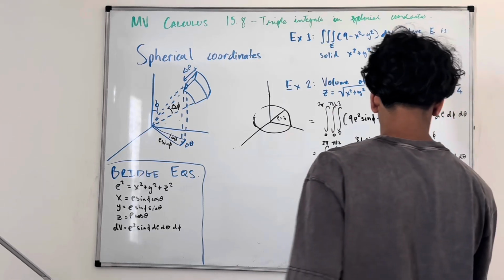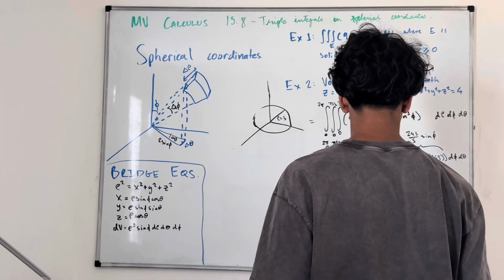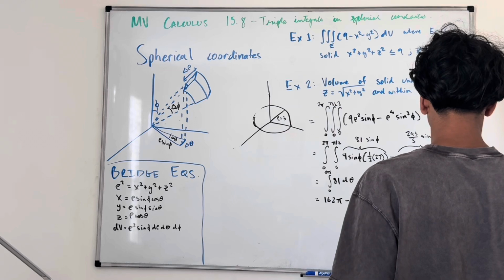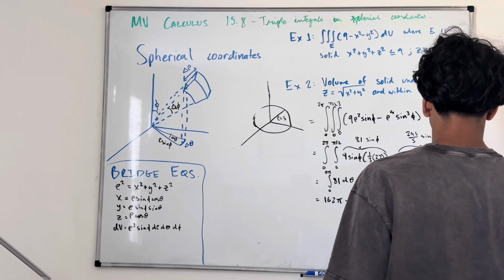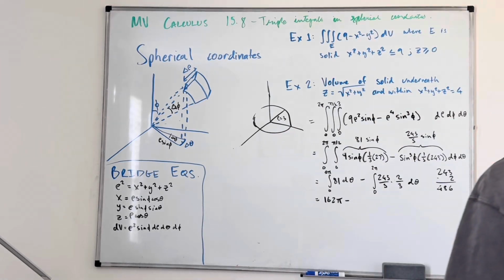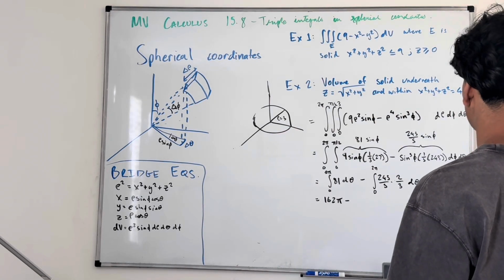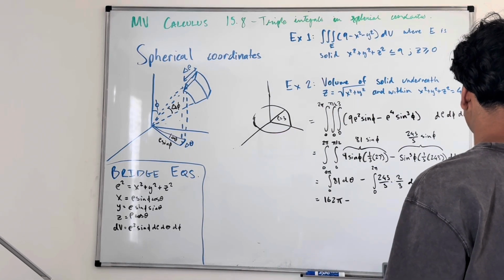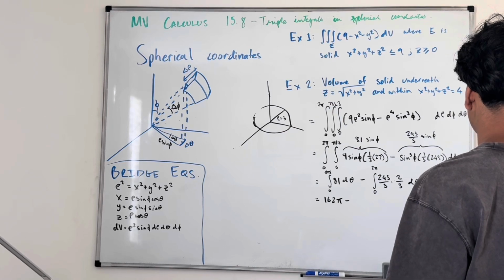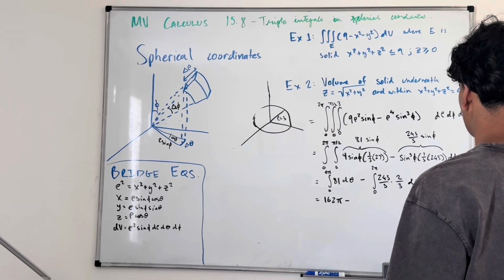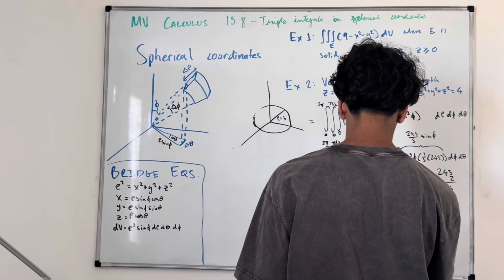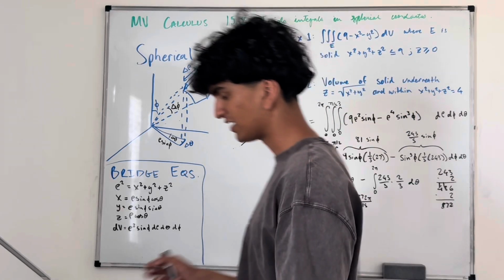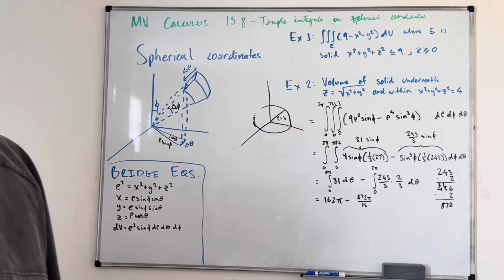I get 243 times 2, what is that? 486. And then 486 times 2 is 872. So I get 872 pi over 15, but that's off from the answer key.